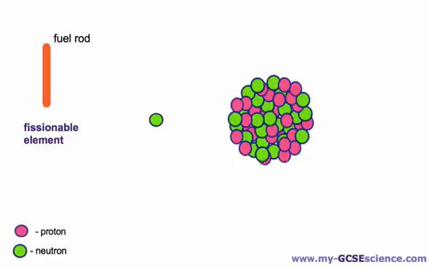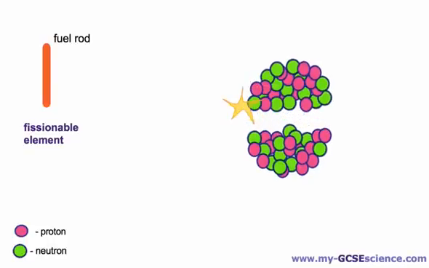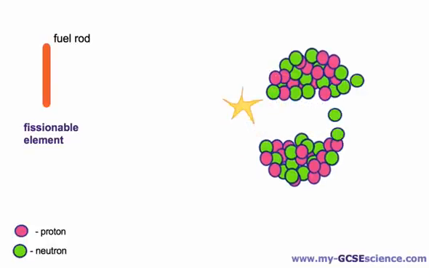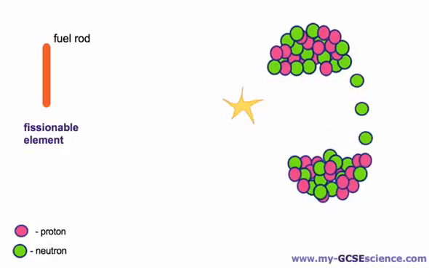Here we have the nucleus of one of the atoms, and here is a neutron, and we can fire this neutron into the nucleus, and you can see what then happens. A neutron is fired at a relatively slow speed into a nucleus of the uranium atom, and what happens then is the atom actually splits into two smaller nuclei. It releases a certain amount of energy, and it also releases, as you can see on the right hand side, 3 more neutrons.